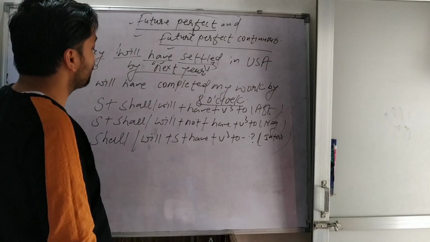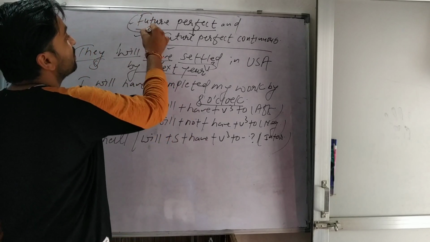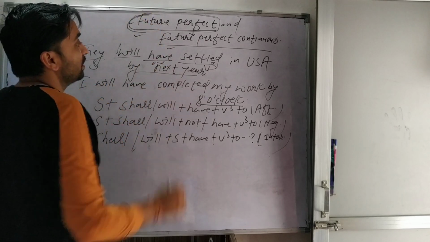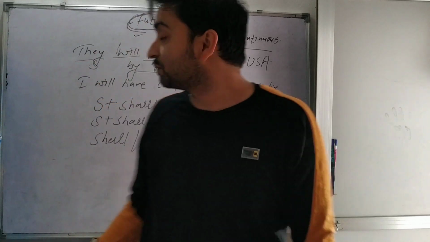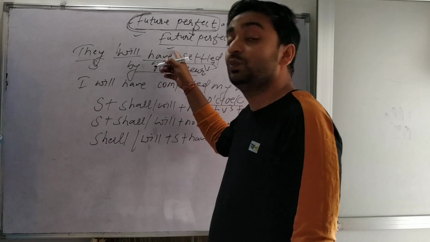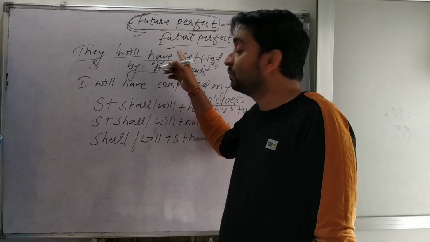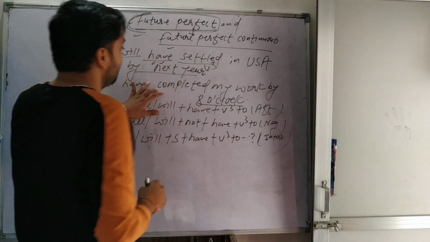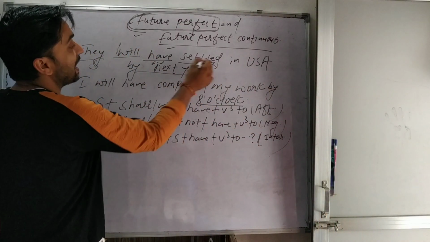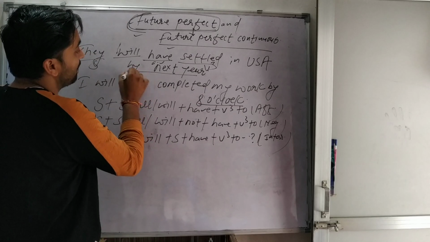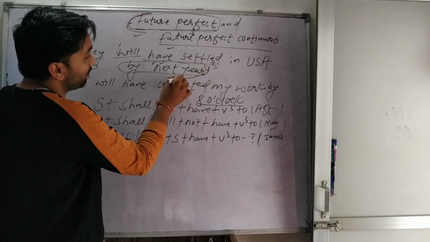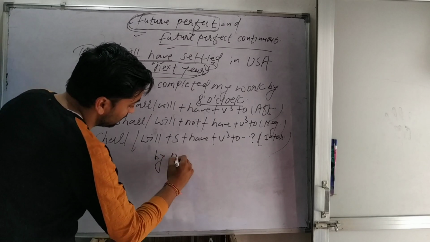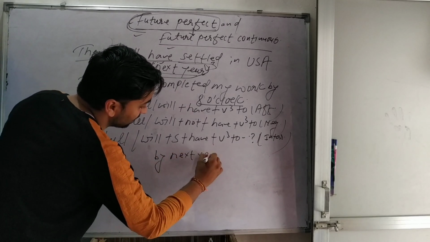The main thing is to understand where to use the future perfect. Actually, future perfect tense is used for an action which will have been completed before a given time in future. Just see the example here: they will have settled in USA by next year. So what is by next year?